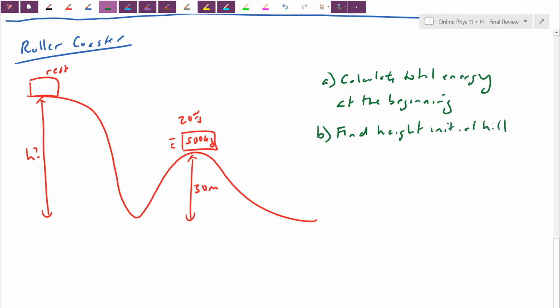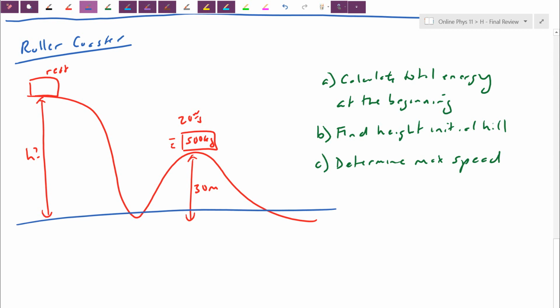So find the h that I've listed for you there. And part C, I want you to determine the max speed. Intuitively you'd say the roller coaster would speed up on the way down. Our maximum speed should be when we're at the bottom.